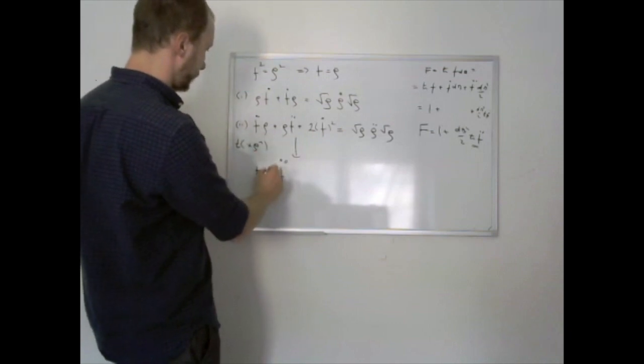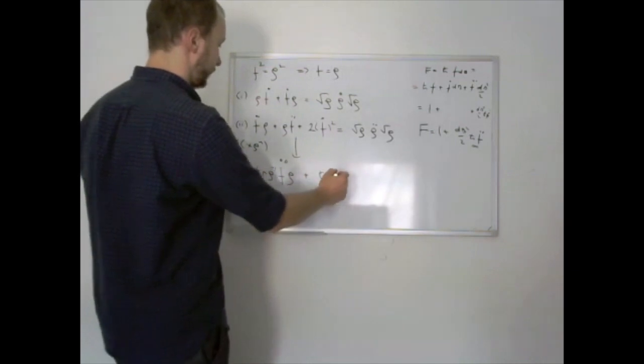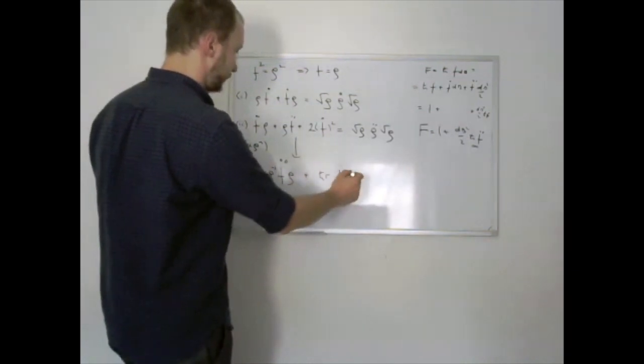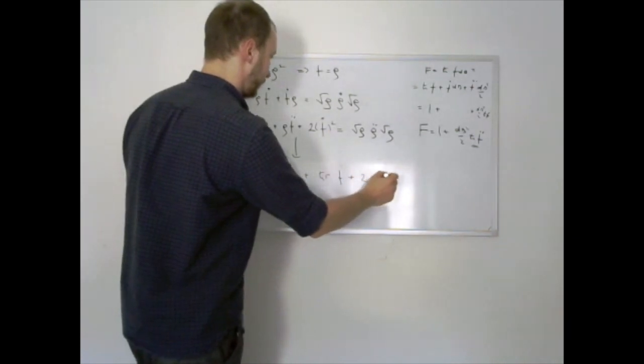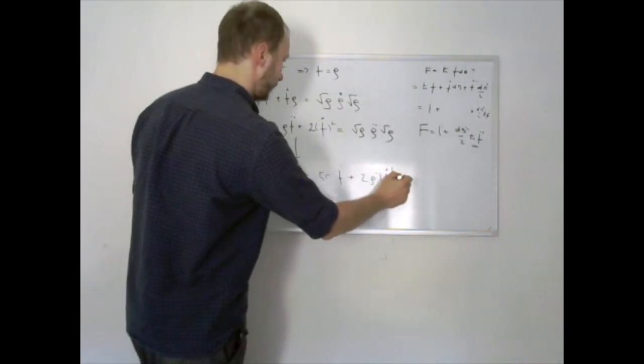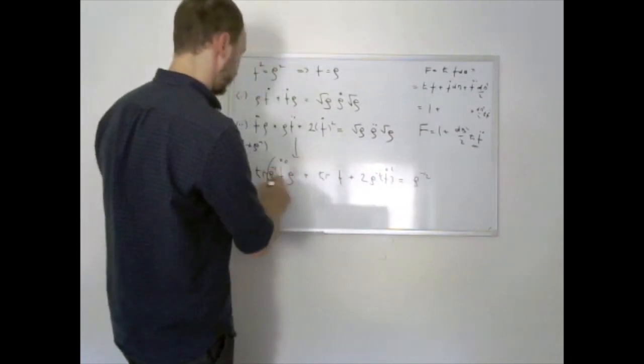So rho minus 1 rho plus trace of f double dot, plus 2 rho minus 1 f dot squared, is equal to rho minus 1/2 rho double dot rho minus 1/2. This is a trace everywhere.